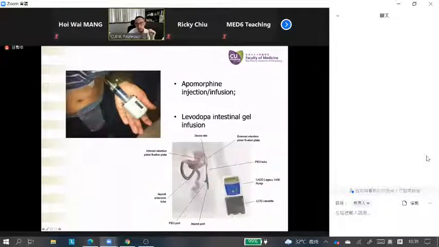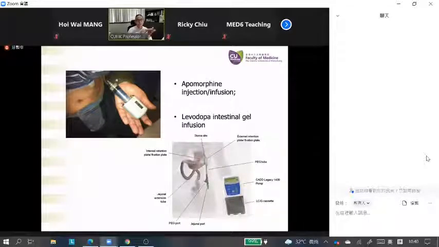So with motor complications, we can titrate medications, we can do deep brain stimulation. There's also apomorphine injection. Apomorphine is a dopamine agonist in liquid form. We can give it subcutaneously, like insulin.